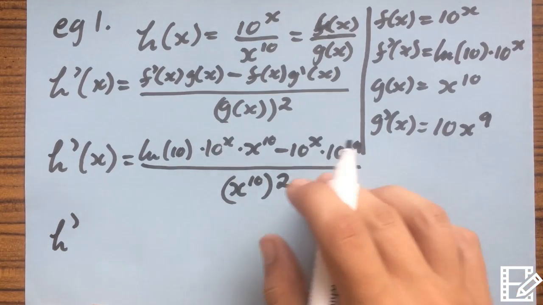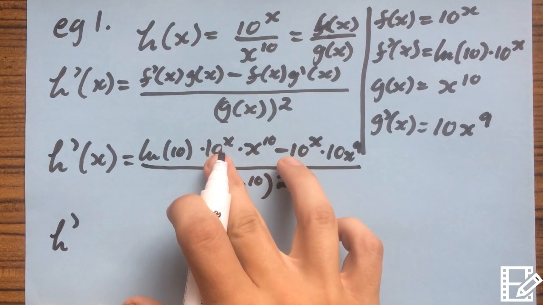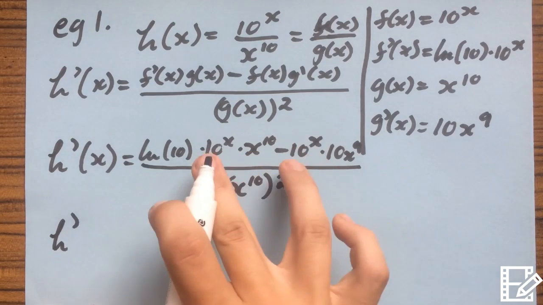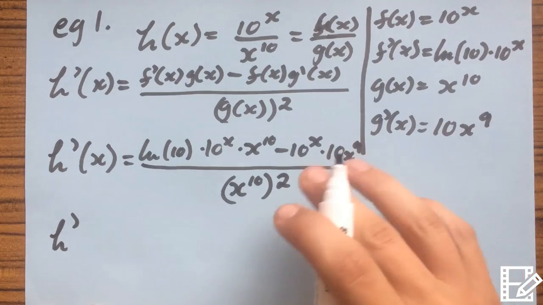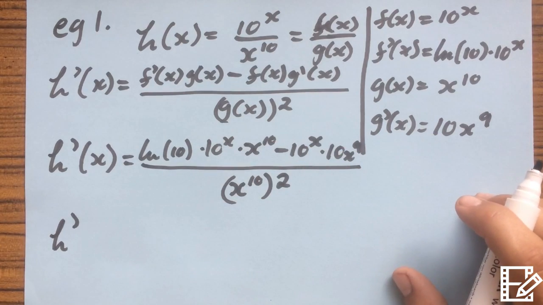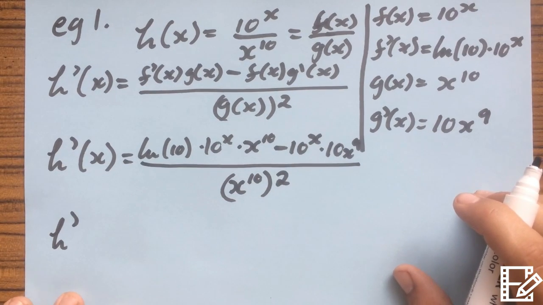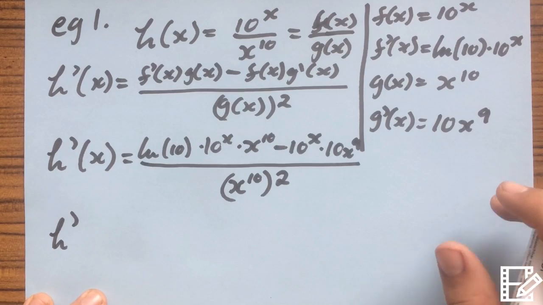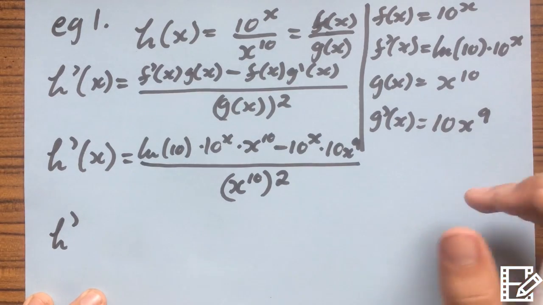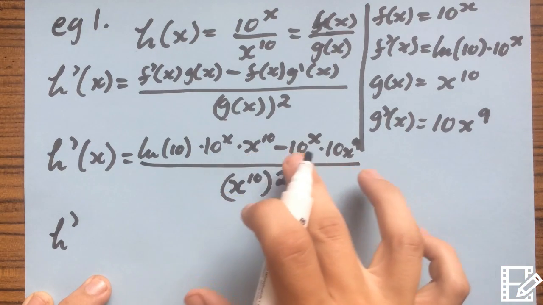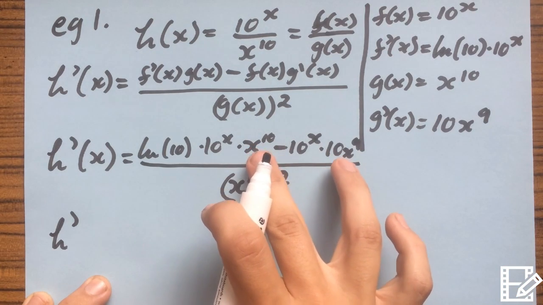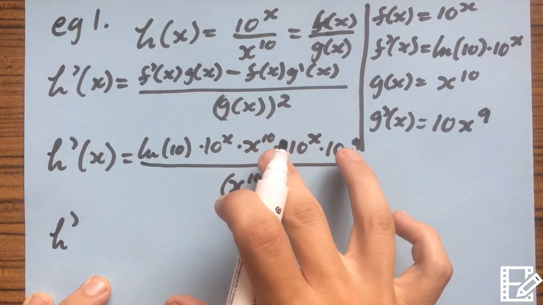We have a 10 to the power of x multiplied on each side, so we can factor them out, but we also have an x to the power of 10 and a 10x to the power of 9.